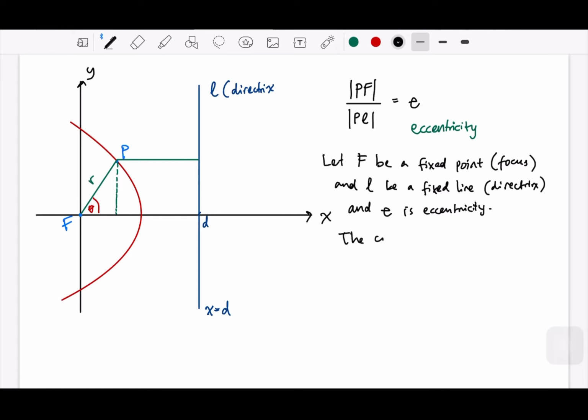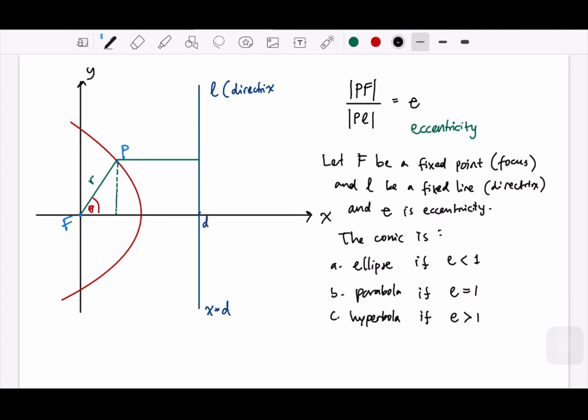The conic is an ellipse if e is less than 1, a parabola if e is equal to 1, and a hyperbola if e is greater than 1.